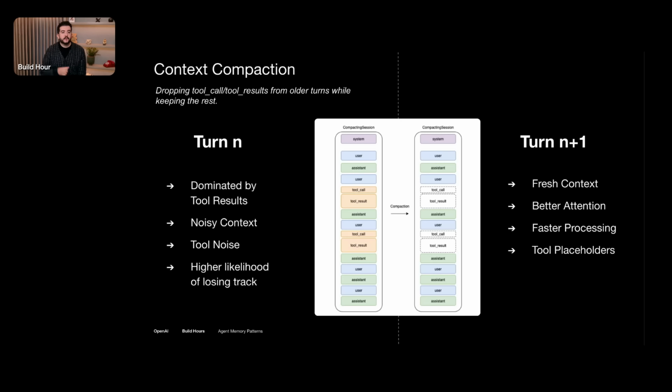It basically means dropping tool calls or tool call results from the older turns while keeping the rest of the messages. So if you have a tool-heavy agent, you can consider this technique. You'll see that your context will be mostly dominated by tool results. It will be noisy, with lots of information coming from different tools. After compaction, you'll see fresh context, better attention, and faster processing. And you will also be keeping the tool placeholders intact even after the context compaction.